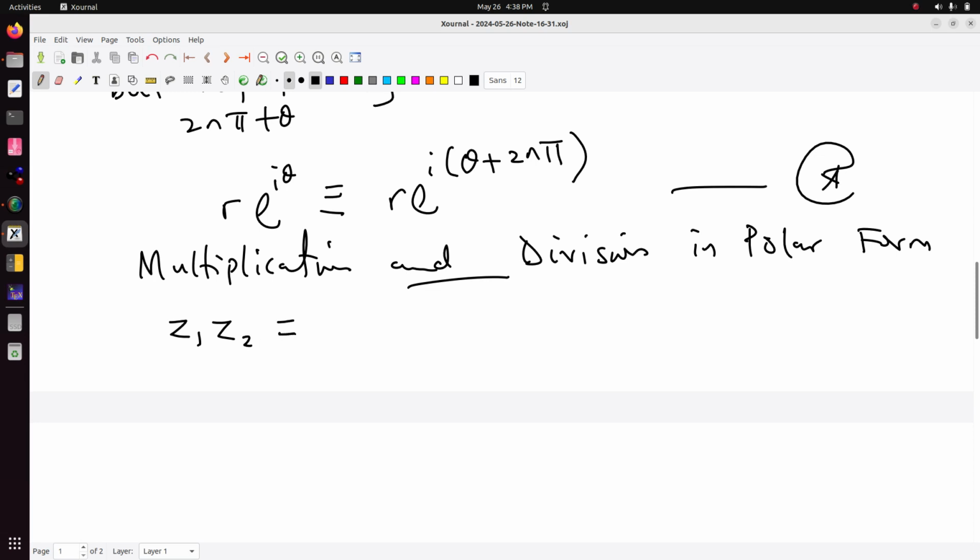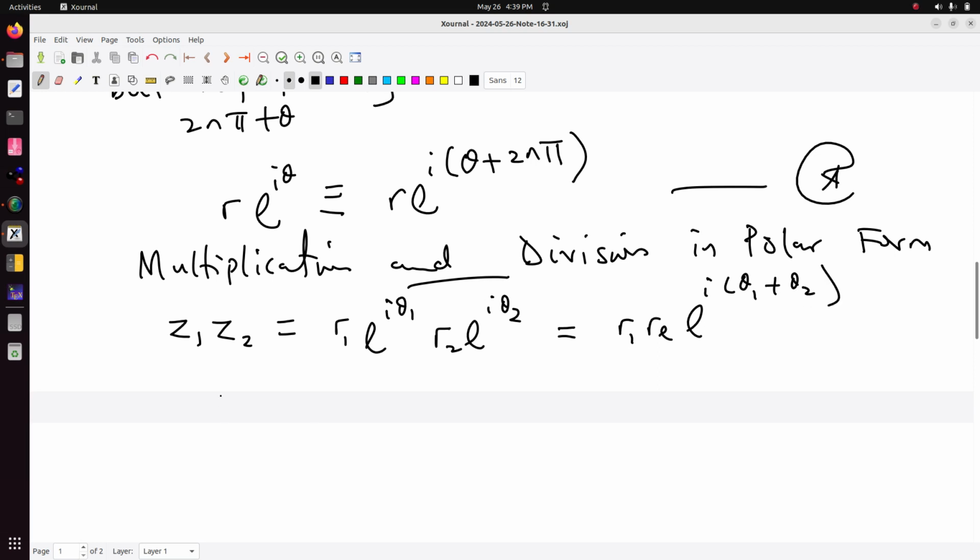If you multiply the two, you can write them in polar form. The first one will be written as r1, the modulus of the first complex number, exponential i theta 1, multiplied by r2 exponential i theta 2. You can easily write this as r1 r2 exponential i theta 1 plus theta 2.